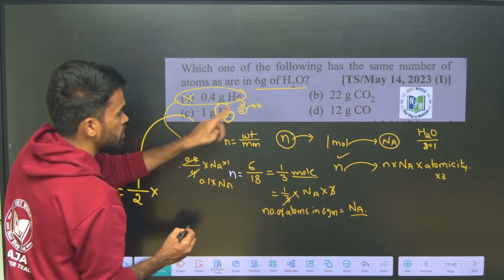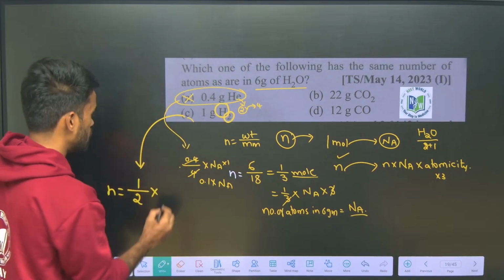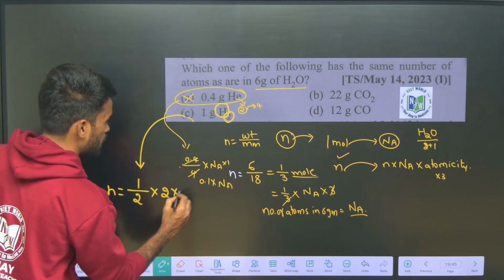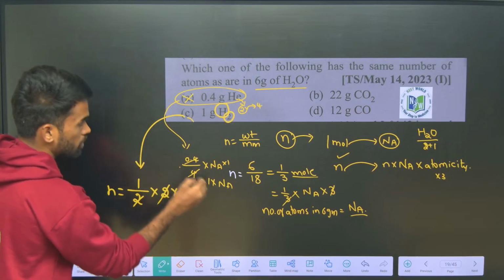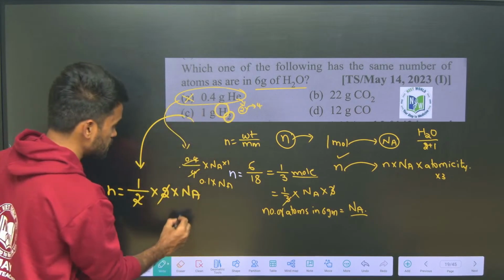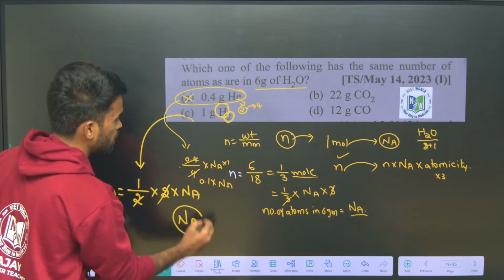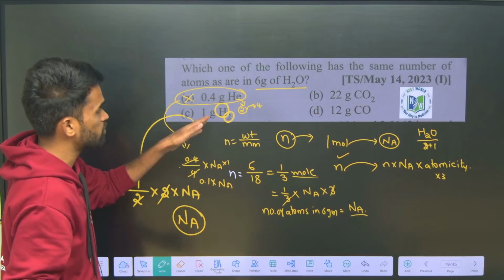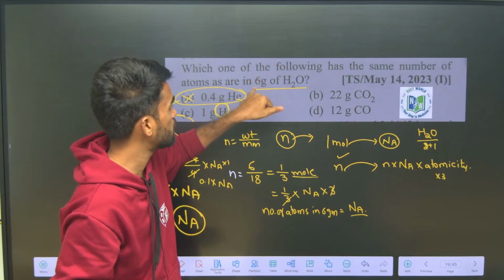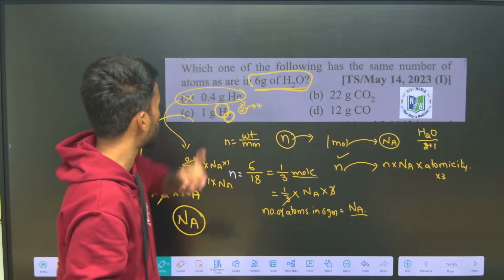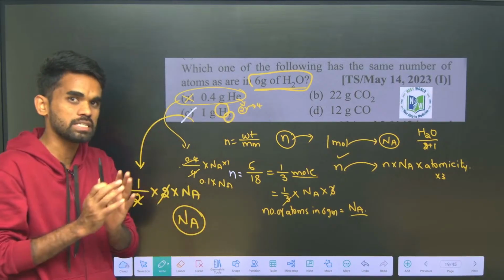This 2 indicates the number of atoms, which is called atomicity, and multiplied with Avogadro number. So the number of hydrogen atoms here is N_A. So we got N_A atoms in 1 gram of hydrogen, which is equal to that in the question, 6 grams of water molecule. So option C will be the suitable answer for this question.